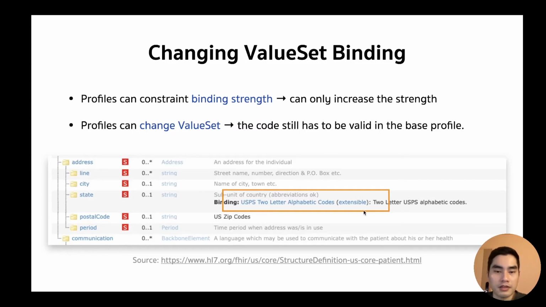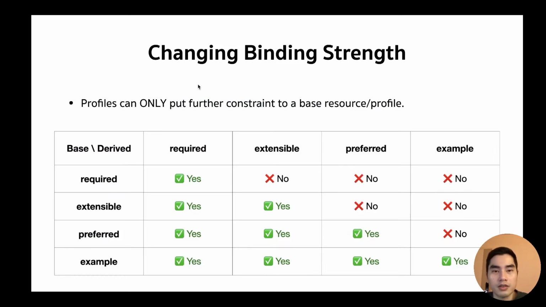Here is the example of binding. Here is the rule about changing binding strength. So the base is in this row again, and derived is in the column. So you can only increase the strength, you cannot lose it. So required to required is not changing, right?